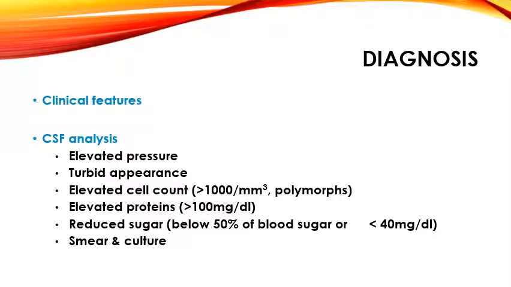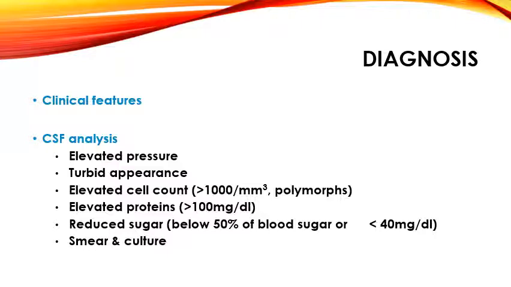Now we look at how we are going to diagnose a patient with meningitis. The clinical features say by themselves that you are dealing with a patient with CNS infection, commonly being meningitis. For confirmation, you do CSF analysis.